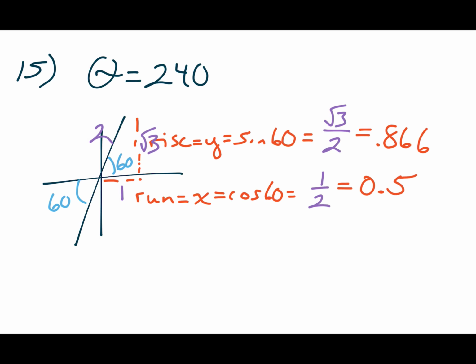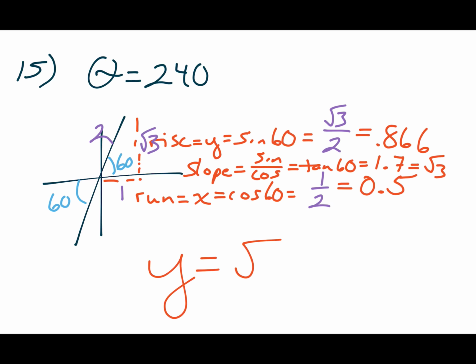So when you do the slope as rise over run, as sine over cosine, you end up with the tangent of 60, which actually does come out to be 1.7, otherwise known as the square root of 3. So we got to write our answer as y equals mx plus b, y equals root 3 times x.